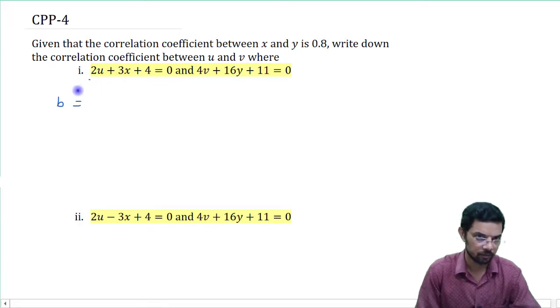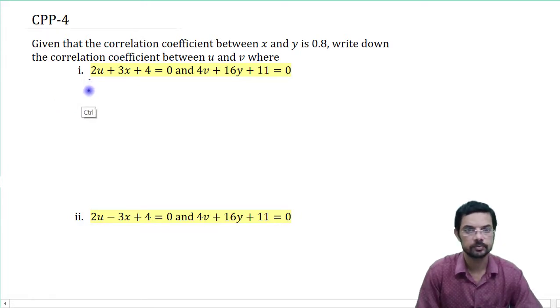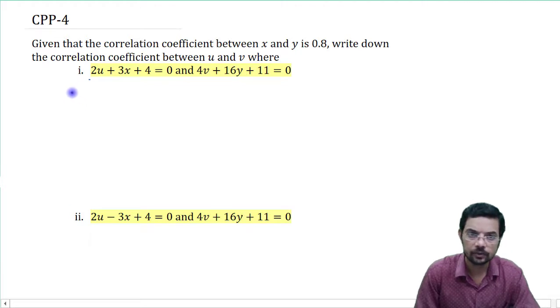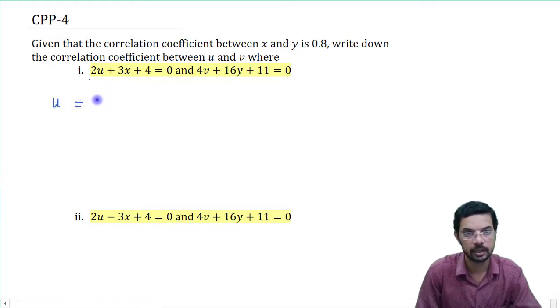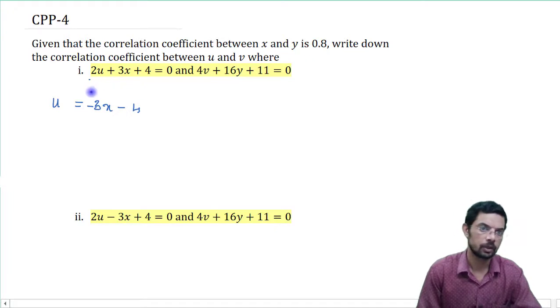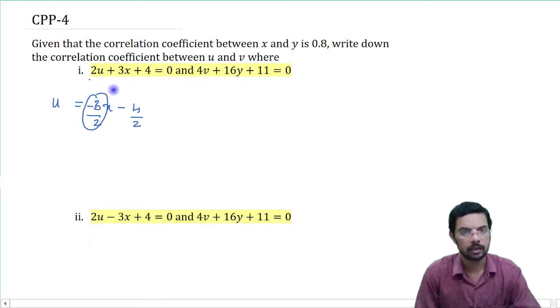Here we want u to be isolated. So u can be written as minus 3x minus 4. You can divide it by 2 here, so we can take this as b, and this is a.